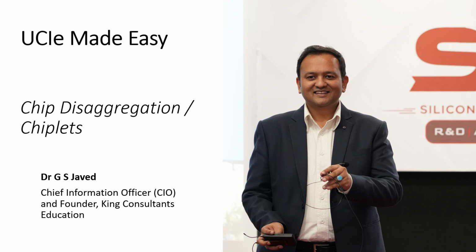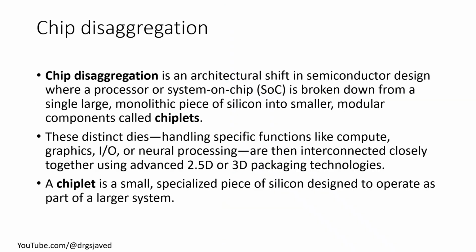In this talk, we'll talk about chip disaggregation or chiplets. Chip disaggregation is an architectural shift in semiconductor design where a processor or a system on chip is broken down from a large monolithic piece of silicon into smaller modular components called chiplets.